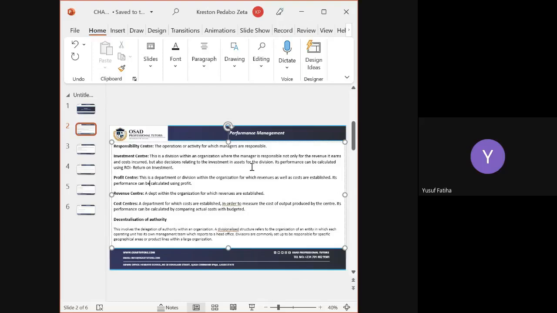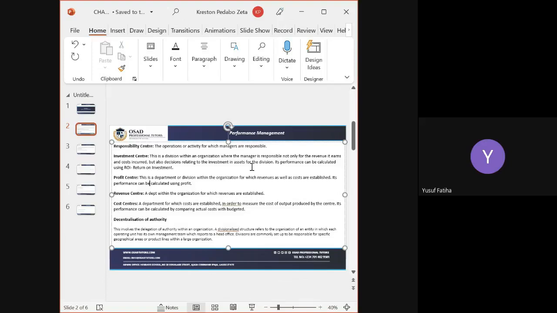If it's a small organization, they might just have separate departments for sales, production and investment centers. But when it comes to a very large organization, it might be so decentralized that each product line will have its own centers, its own departments.